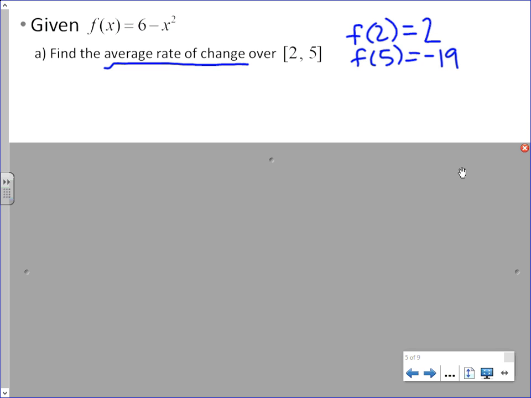Okay, so our average rate of change is going to be y minus y over x minus x. What's our average rate of change here?